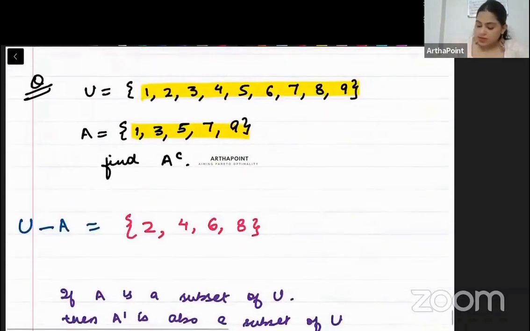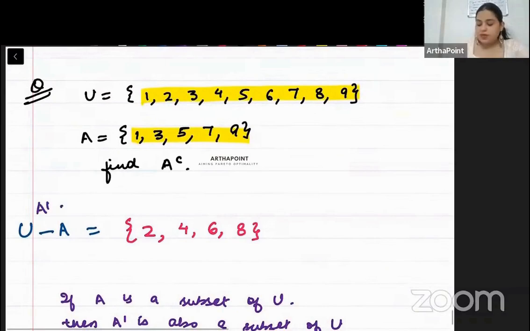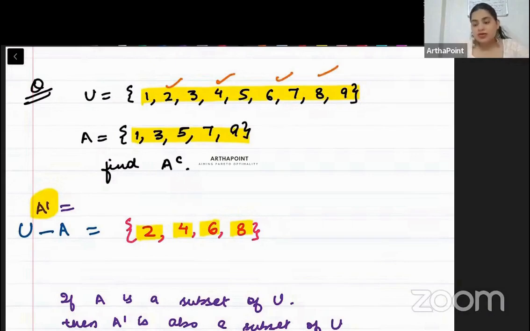Just think about this. This is A complement. What A complement did I get? I got 2, 4, 6, and 8. Does it belong to U? Does it belong to my universal set? It does.